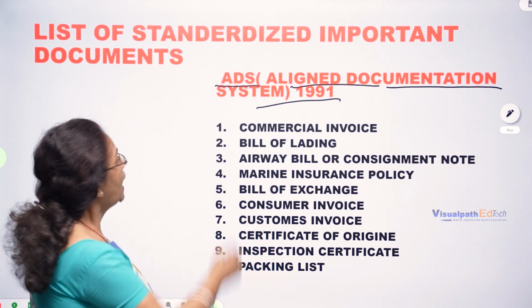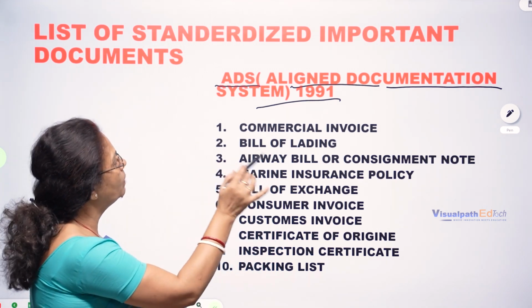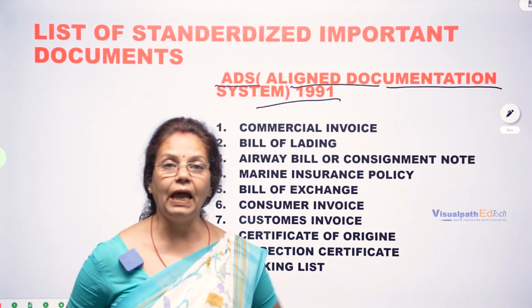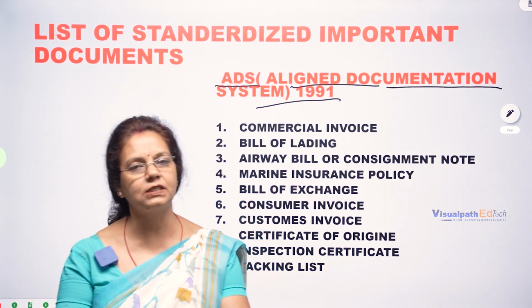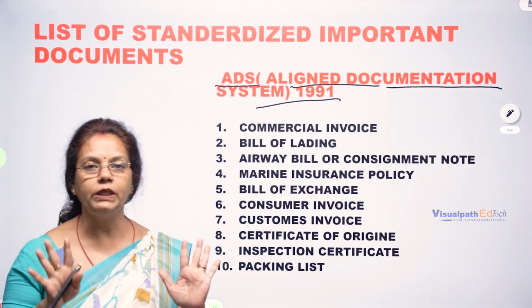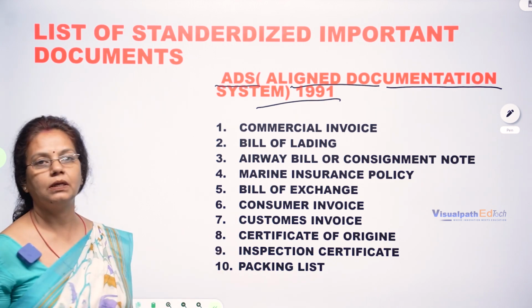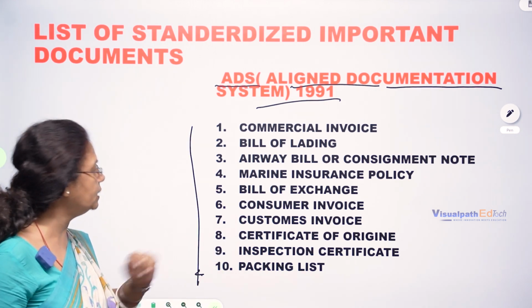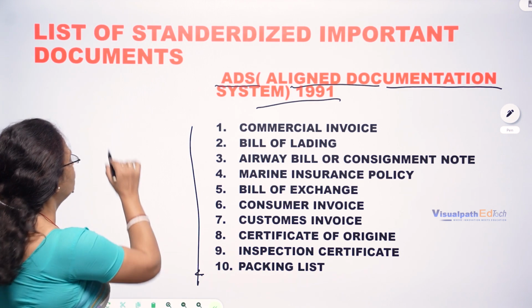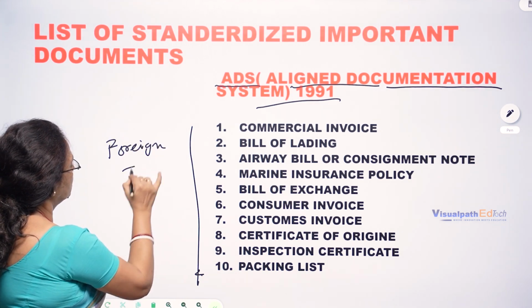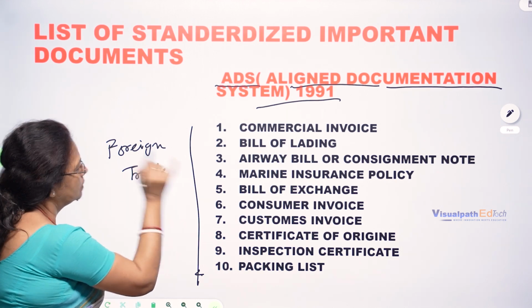According to the Aligned Documentation System 1991, there are 10 fixed documents which have to be maintained at the time of foreign trade. These are the 10 documents we have to maintain for foreign trade compulsorily.